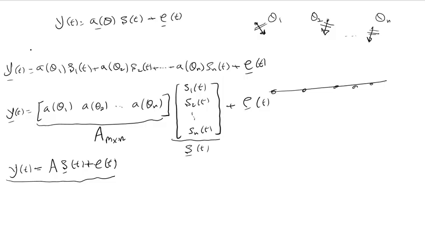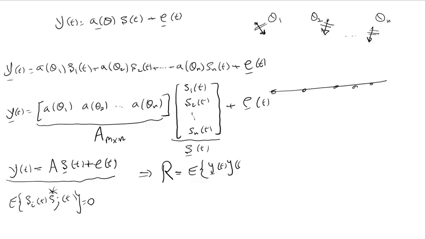The last point, we want to find the covariance matrix for this signal. I assume noise is spatially uncorrelated with equal variance and signals are orthogonal. It means the expected value of s_i(t) s_j(t) conjugate equals 0. So the correlation matrix R equals the expected value of y(t) y Hermitian(t).